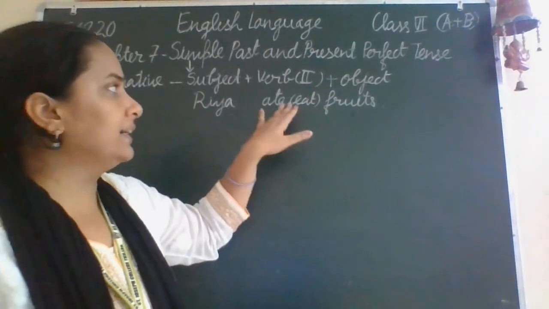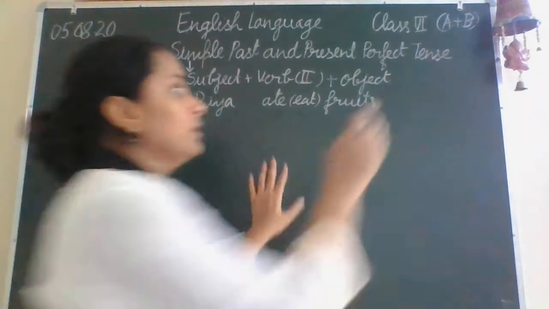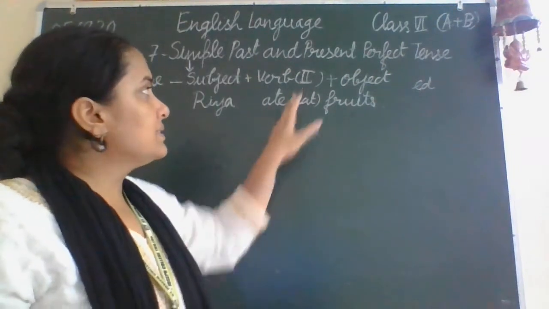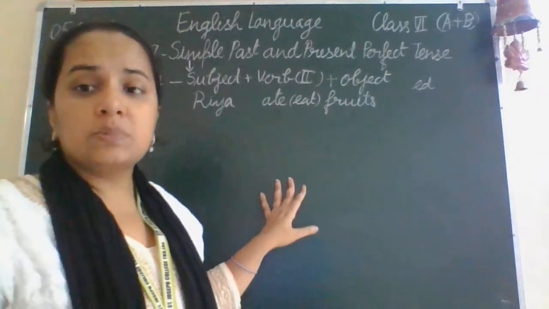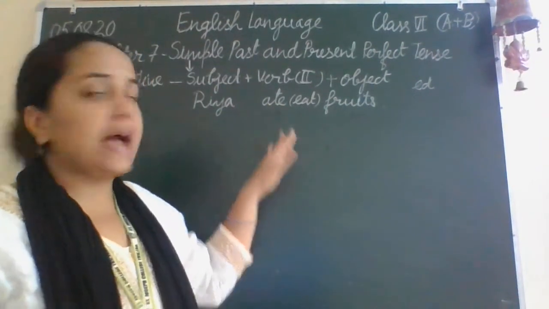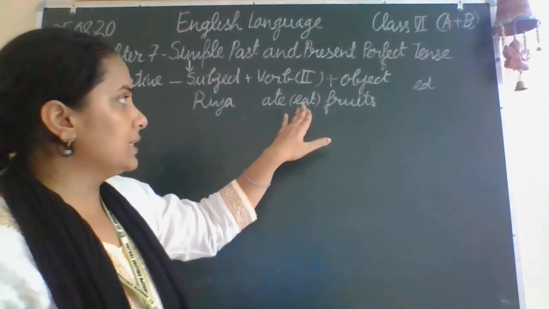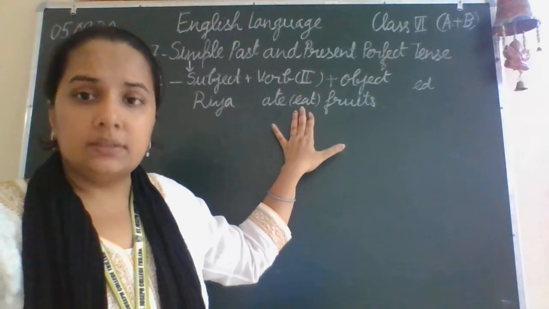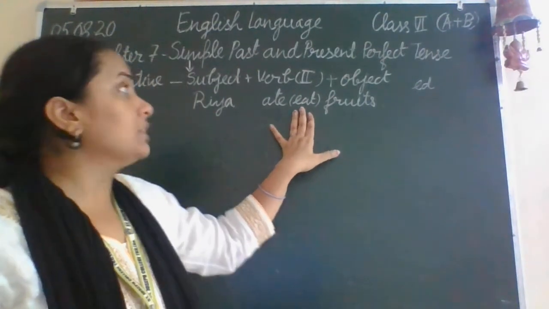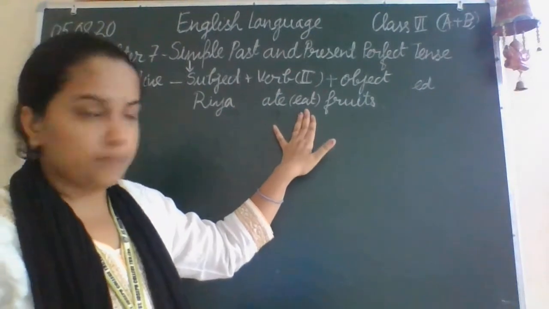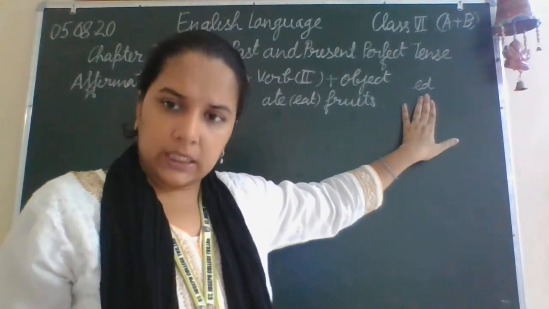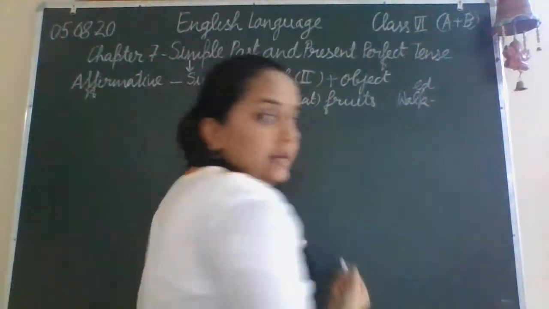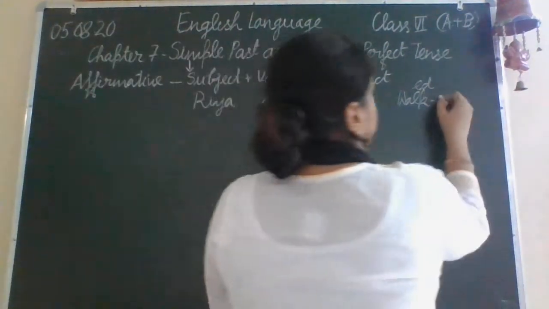Most of the time you find that whenever we add ed to the base verb, that makes the second form of the verb. But sometimes we change the vowels and consonants also. Like here, if you see eat and ate, the place of the vowels and consonants is changed, and then we get the second form of the verb eat. Where we put just ed, for example, walk, the second form of walk will be walked.